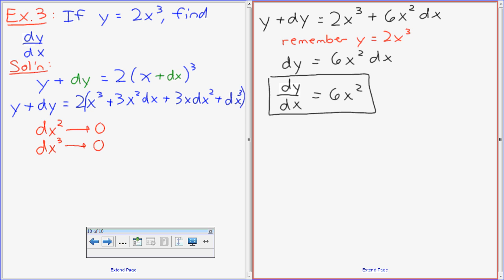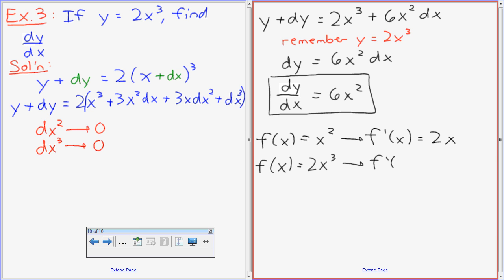Okay, so let's just take a look here to summarize. Because I want to get rules for this. I don't want to spend the rest of my life doing this long derivative way, okay?